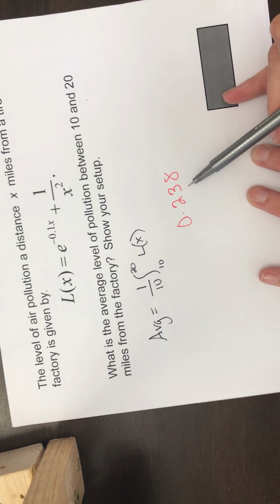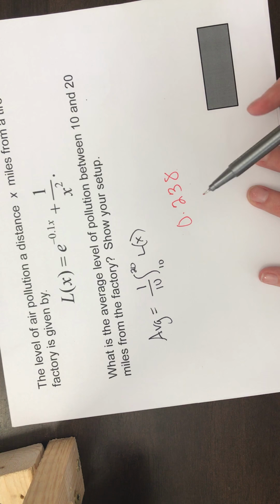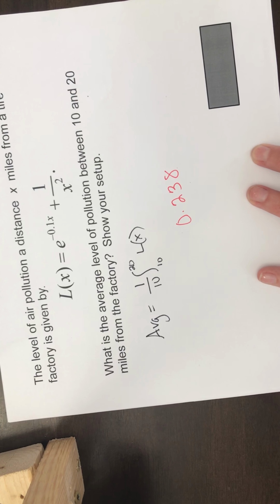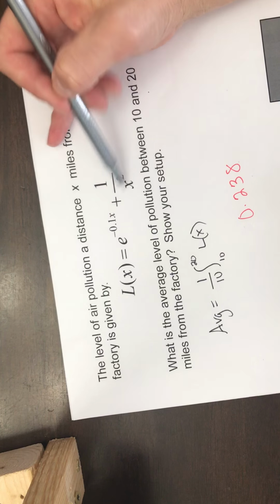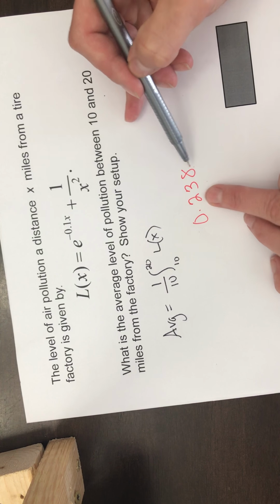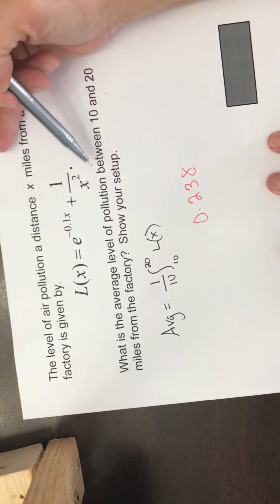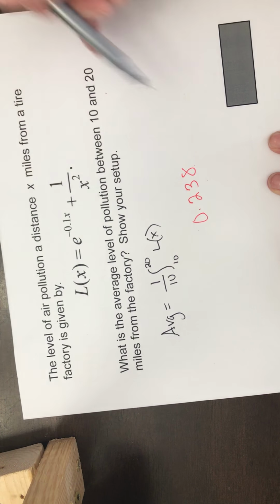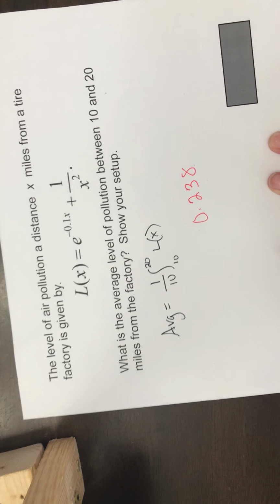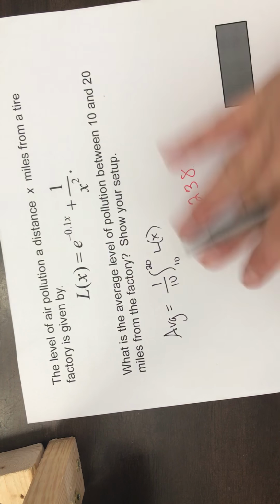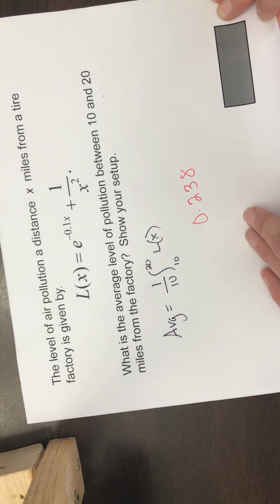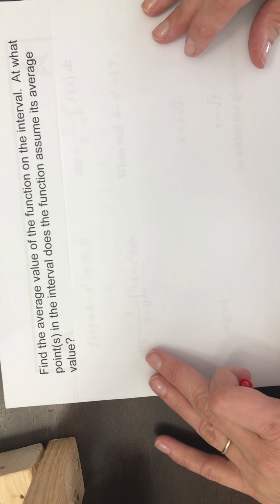How far out from the factory do you have to live to reach this average? Well, that would mean they're asking for X. You simply take your answer for L, put that here, and algebraically solve for X, which this problem would be tricky. You would just have to solve it with a calculator and graph it. Set it equal to 0, look for the X-intercepts. Okay, moving on.